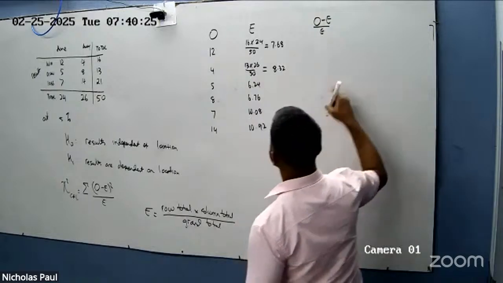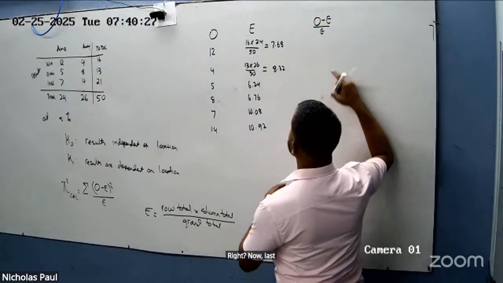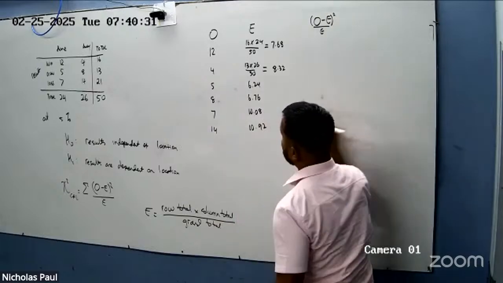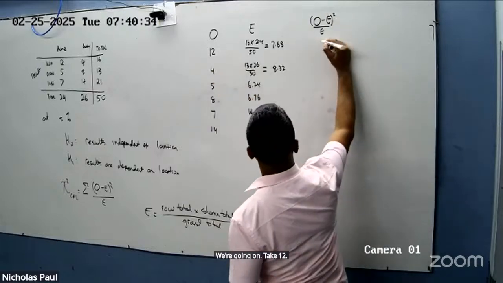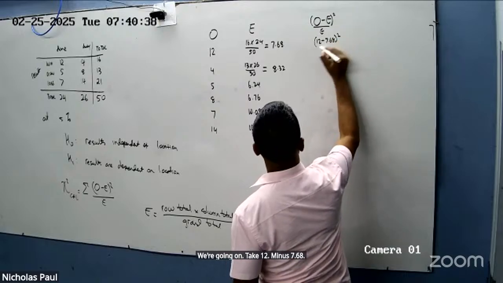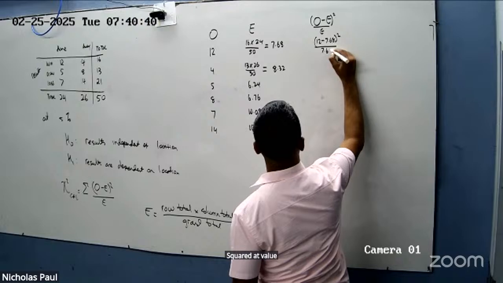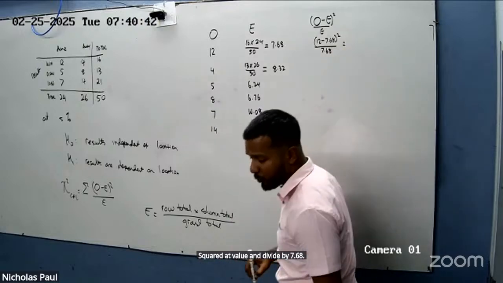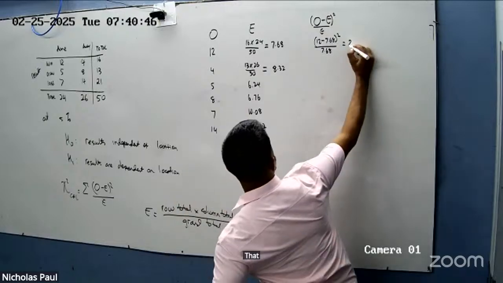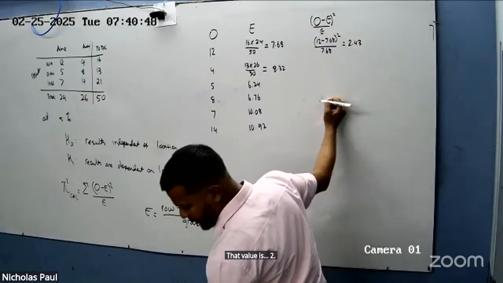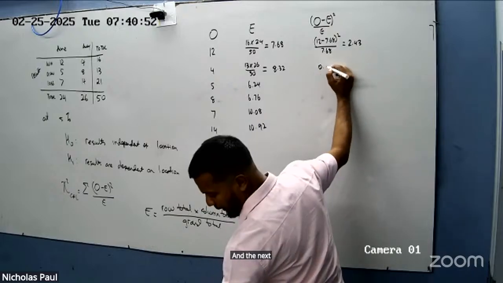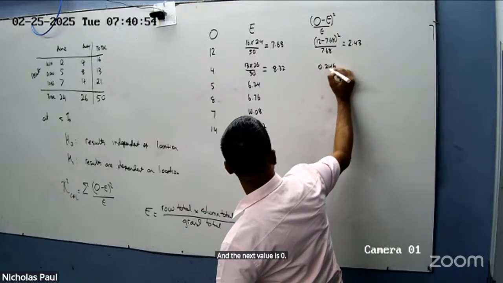Now, last step in the calculation. We're going to take 12 minus 7.68, square that value and divide by 7.68. I'm just doing one. That value is 2.43. Check it and make sure. And the next value is 0.246.